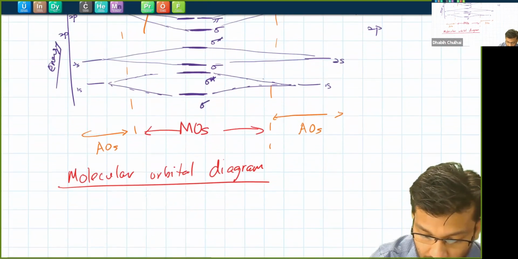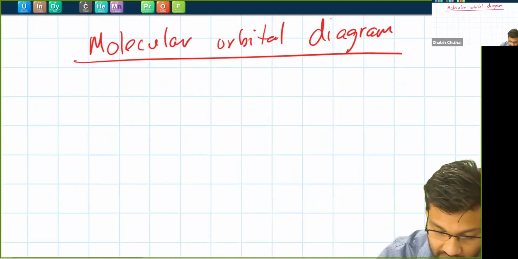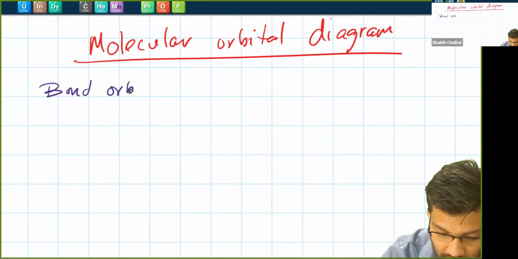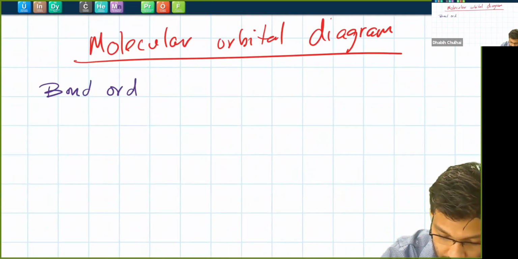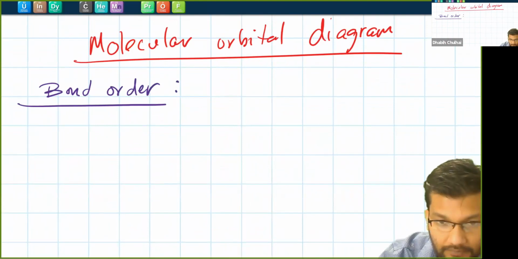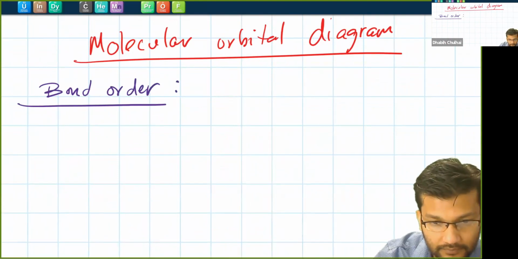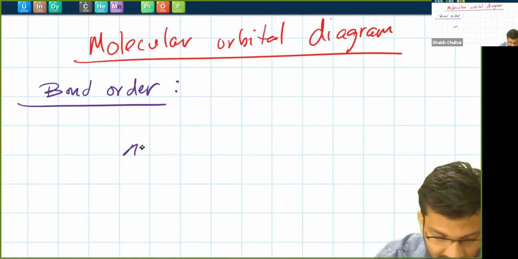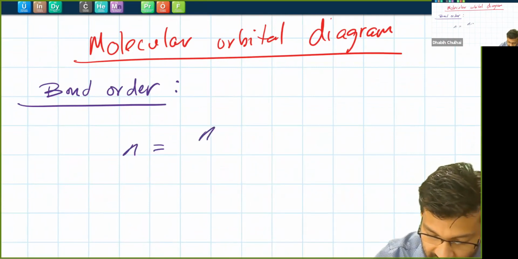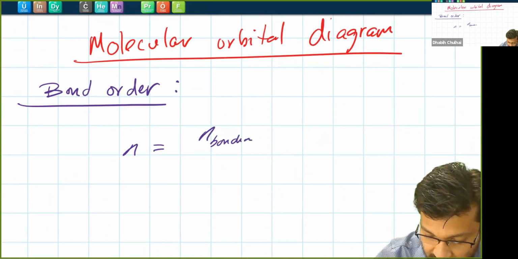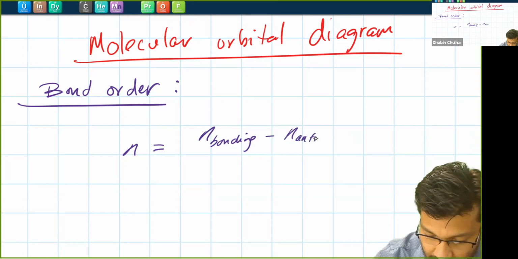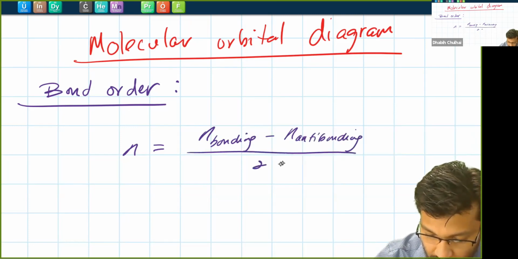All right, so one more thing I want to add to this discussion, which is the idea of a bond order. So a bond order, usually given the symbol N, would be the number of electrons in all of the bonding orbitals minus all of the electrons in the anti-bonding orbitals divided by 2.